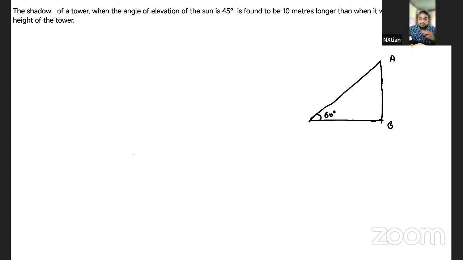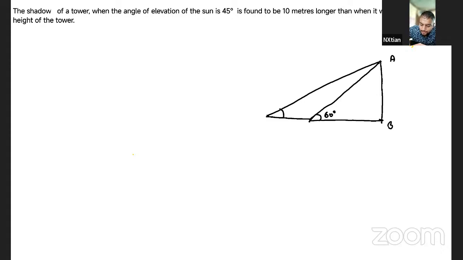Okay. And then you will go very far away from that building, and when you see it, you don't have to lift your head that much. So it means that the smaller angle will be the one far from the tower. So there are two angles which are created, which means that there are two shadows which are created because of the sun.